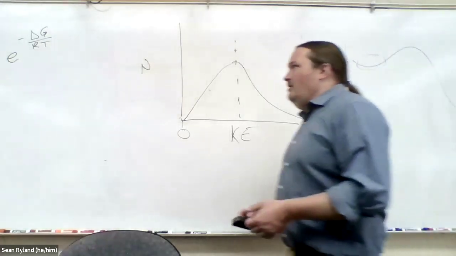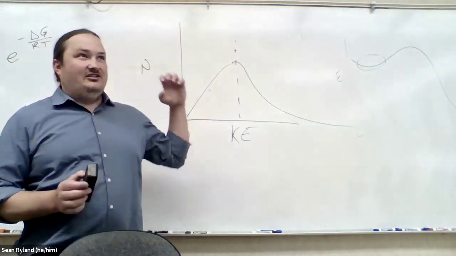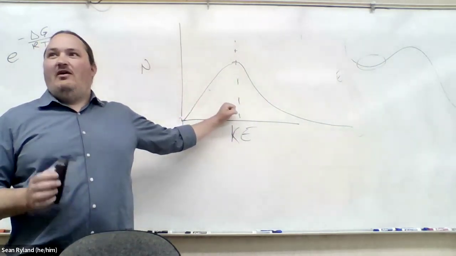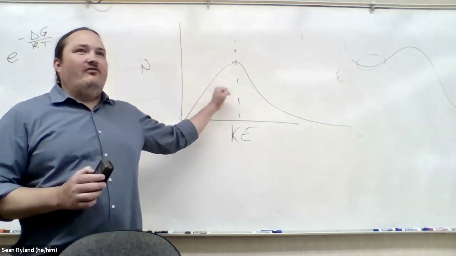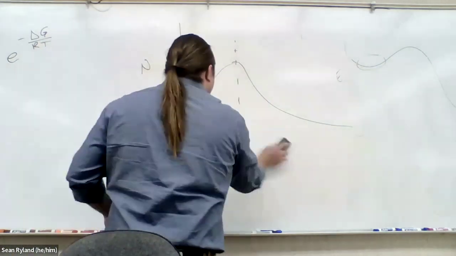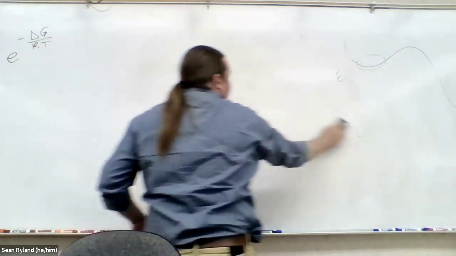And the more chemistry and the more science you take, the more you'll start to really internalize this idea of the Boltzmann distribution and how everything is governed by statistics, which again, mathematicians don't like to hear because they don't think statistics is real math.